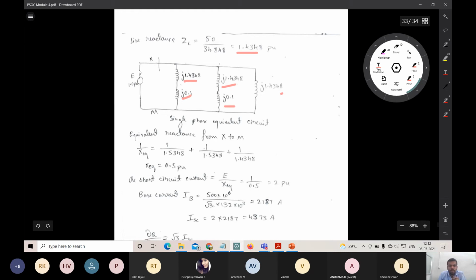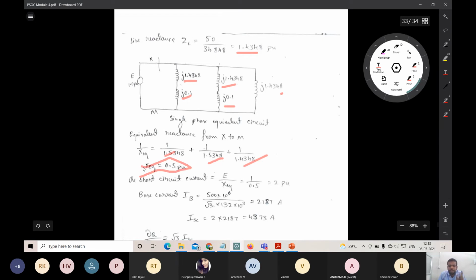Similarly here also, 1 by X equivalent is equal to 1 by this equivalent, 1 plus 1.4348 plus 0.1, 1.5348. Here also 1.5348. Here only 1.4348. Solve the equation, you will get X equivalent is equal to 0.5 per unit.